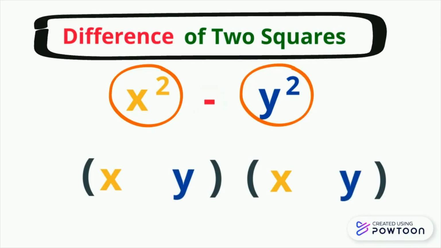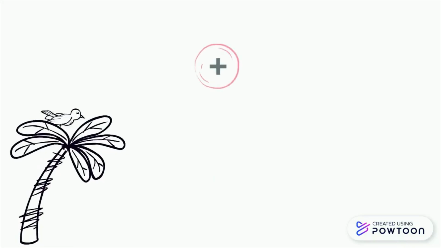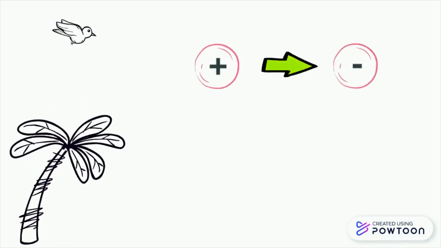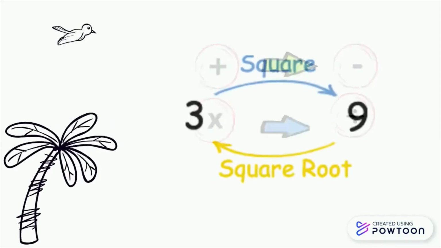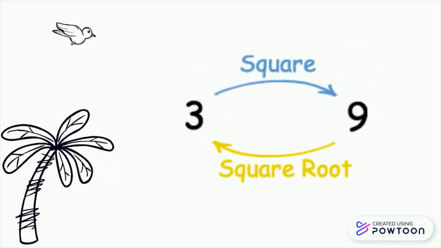To obtain a negative sign, a product of positive and negative signs are needed. The inverse of addition is subtraction. The reverse of multiplication is division. The opposite of the square is square root.